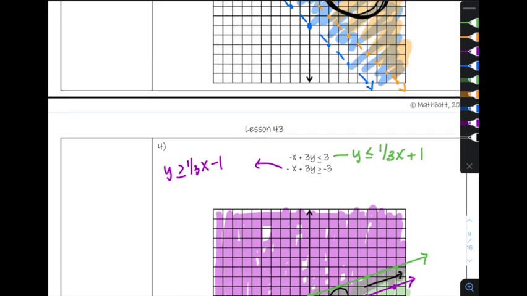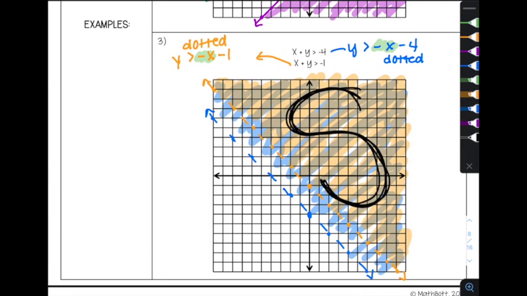If you look at your solution set from the third example, you have all of this as a solution set and it also keeps going this way. So as your coordinate plane gets larger, let's say if we go to 20 and we go 20 this way, it continues to be a solution set and overlap between the two inequalities.